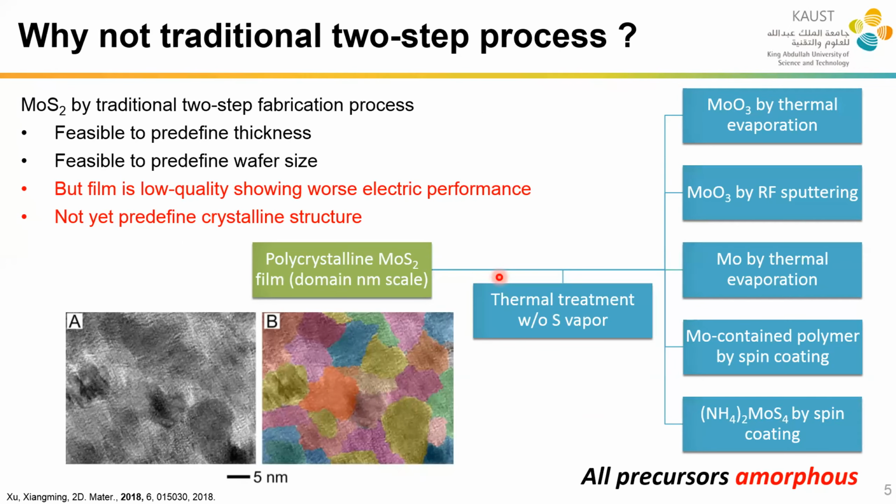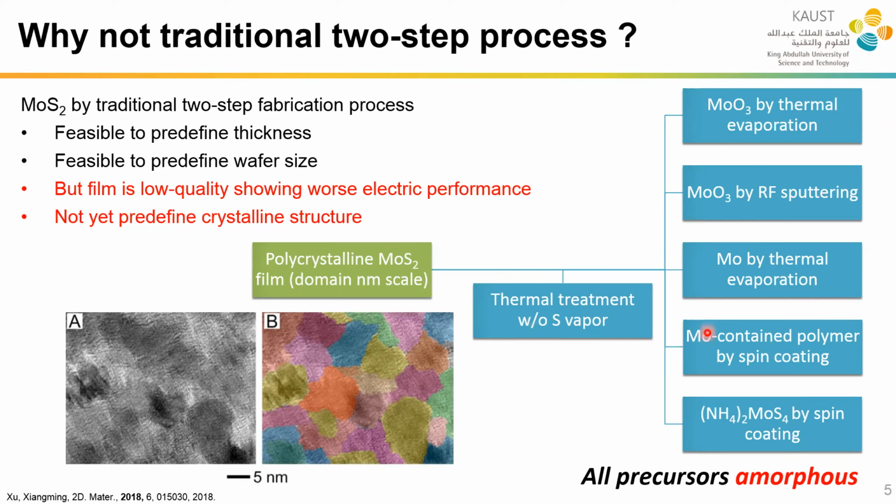So in our group, we are thinking of a different strategy, maybe a two-step process. If we review the reported two-step process literature, we found that it usually has some advantages, which is that it can predefine the thickness. First of all, let me introduce the two-step growth process. Firstly, we prepare metal-based precursor thin films, and then we do sulfurization.